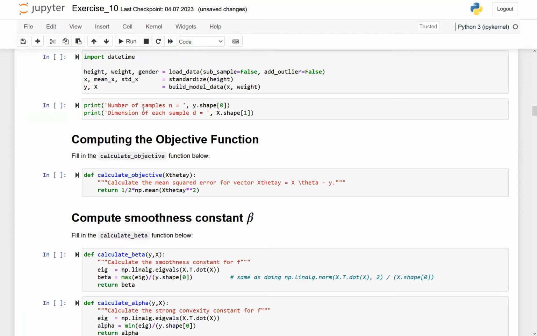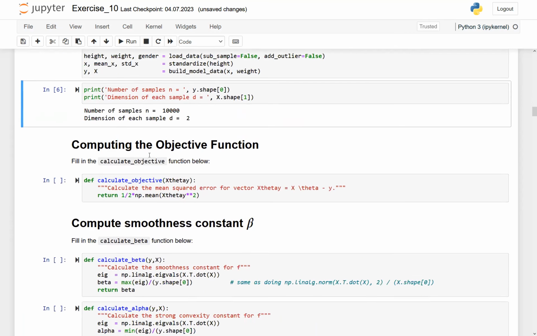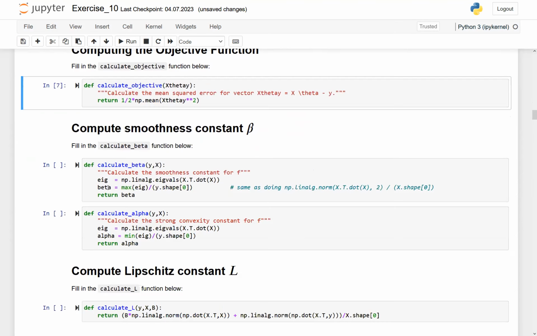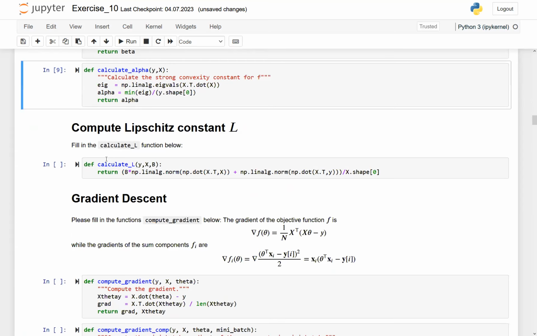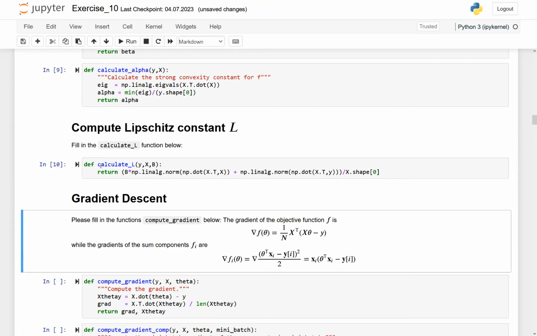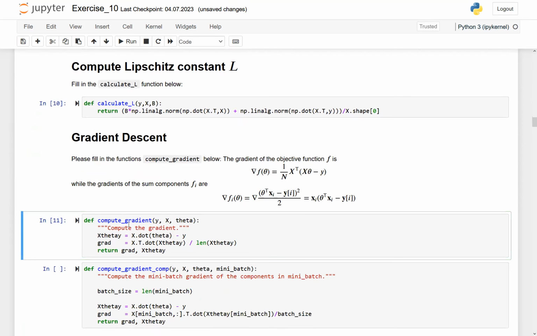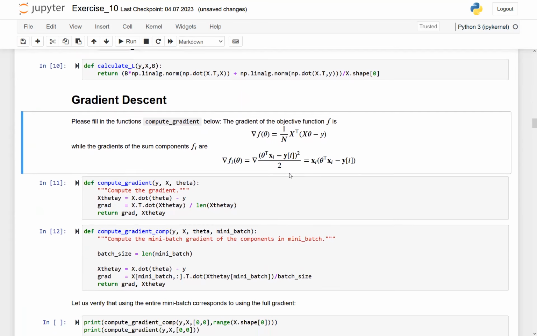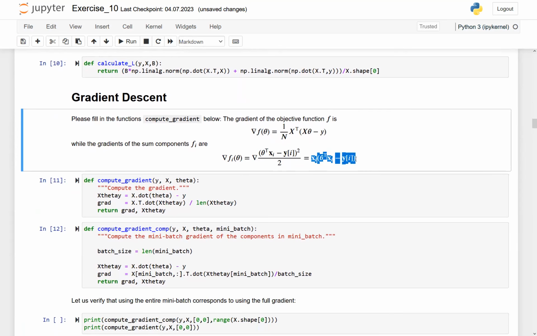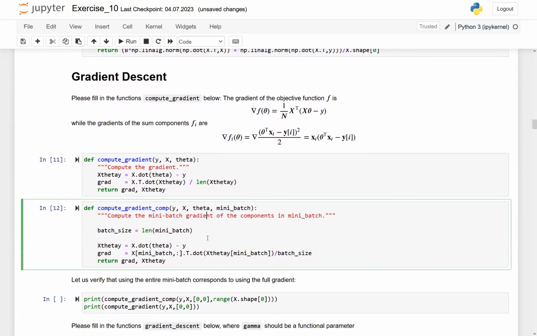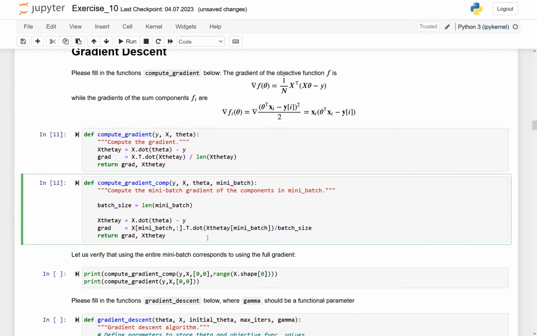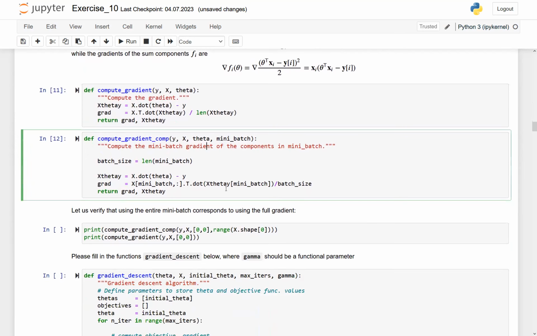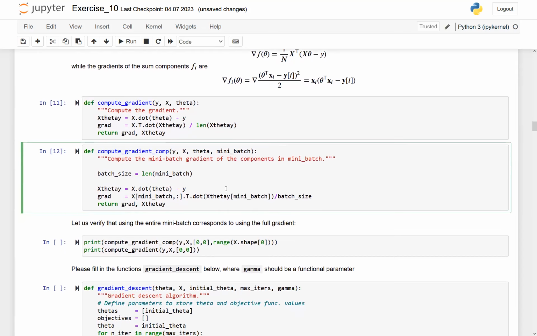And after loading a couple of things, and also things we already know, the new function we have here is the gradient with respect to one component, fi, which is given here, for which I actually also have a mini batch variation, but we don't use this at all, I guess.